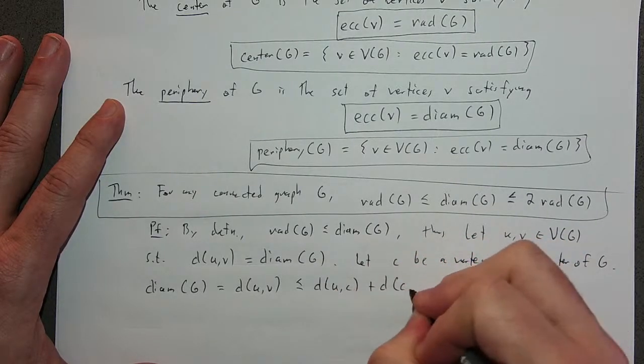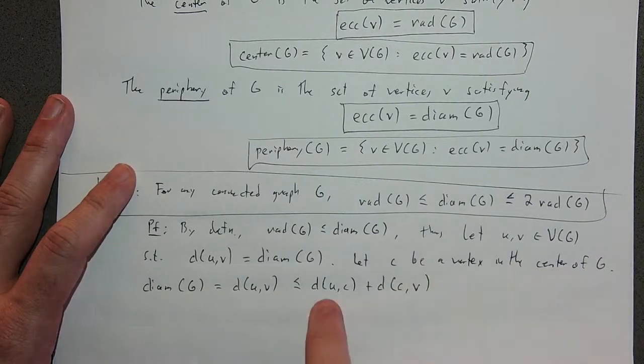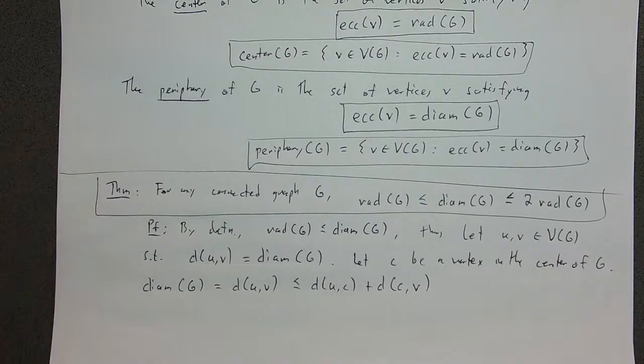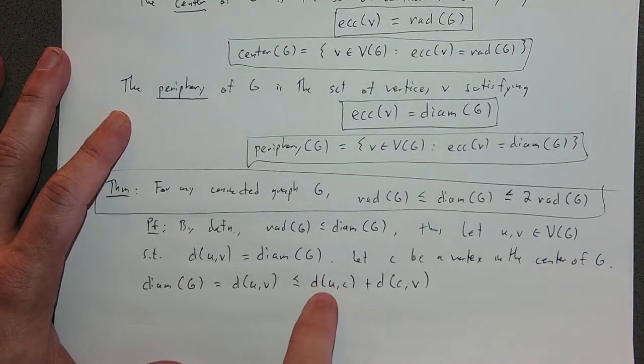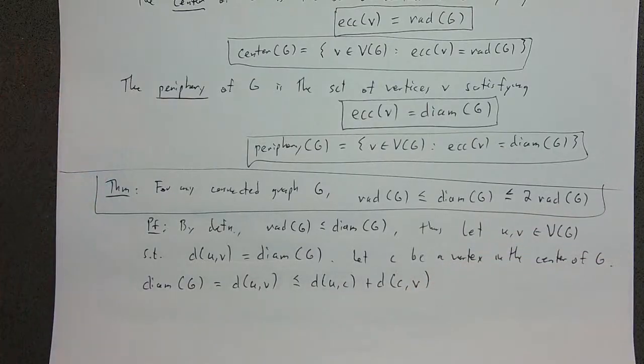The triangle inequality. The favorite tool of all mathematical tricksters, using the triangle inequality as a trick to get the bounds that you want in some proof. Now, because C is a vertex in the center, the distance from vertex U to C cannot be more than the eccentricity of C, right? That is the definition of eccentricity.